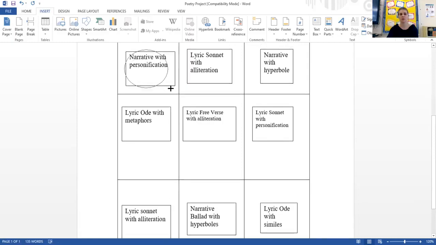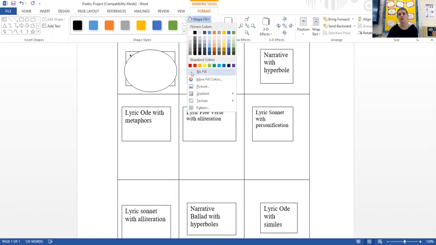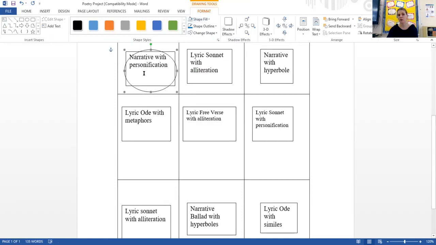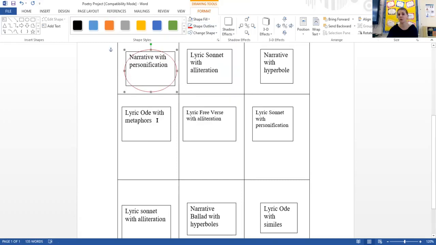I'm going to draw a circle around it. Now it looks like it's covering it up, but it's opened up this box. So up here in the format, I'm going to choose the shape fill, and I'm going to choose no fill. And when I do that, now I can see what I've chosen. I can also change the shape outline so it stands out a little bit more. Perhaps I want to make it blue, or I could make it red, and then I know which ones.